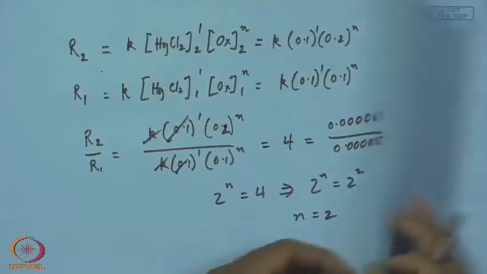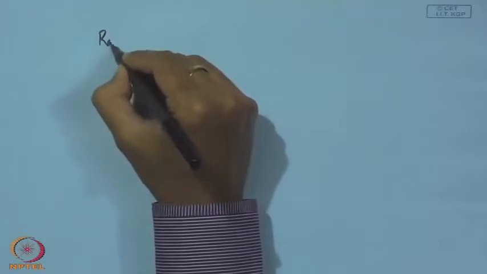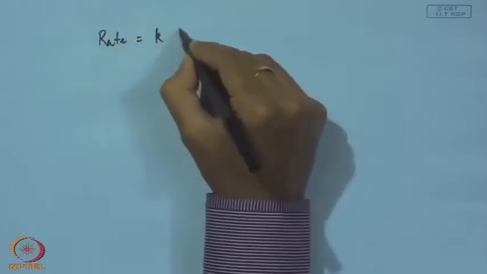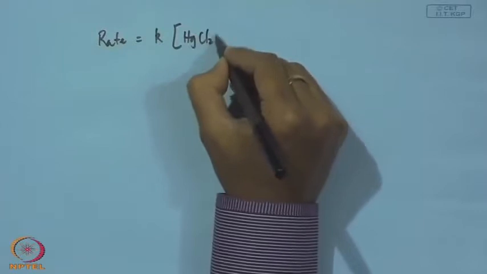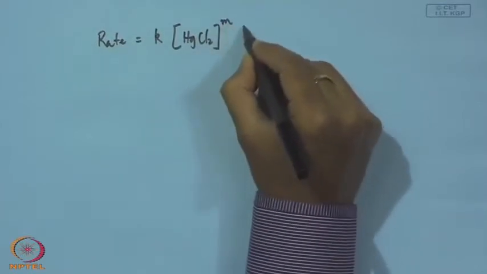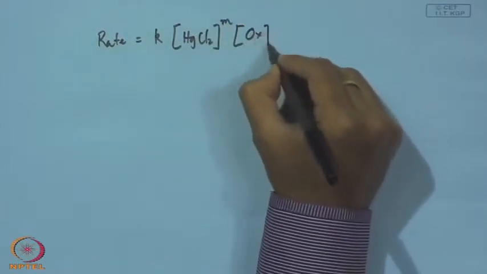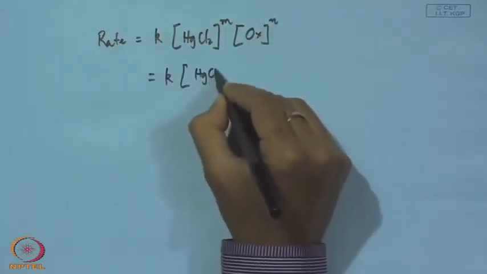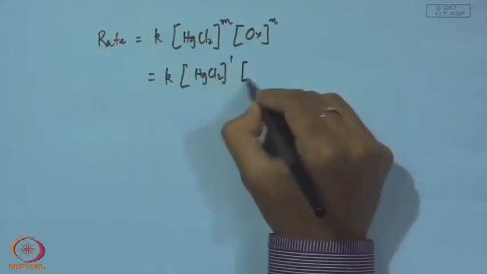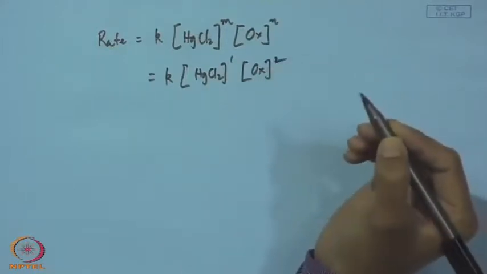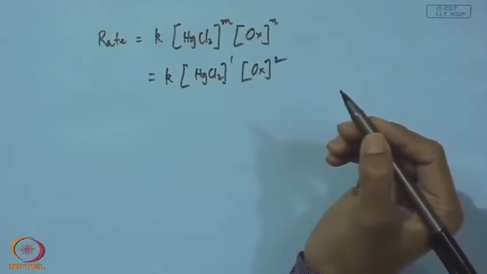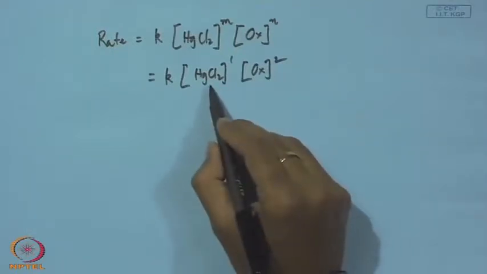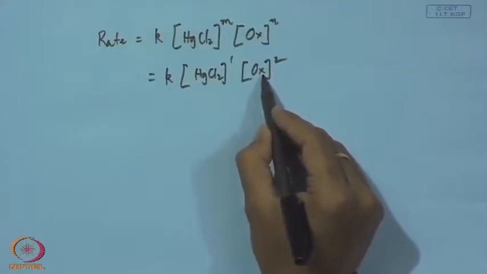So what we got at the end is very simple and very informative: the reaction rate is equal to K into [HgCl2] to the power 1 and oxalate to the power 2. It is first order with respect to mercuric chloride and second order with respect to oxalate.